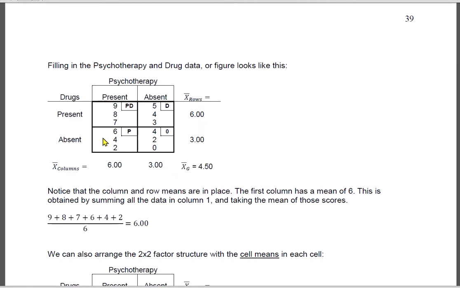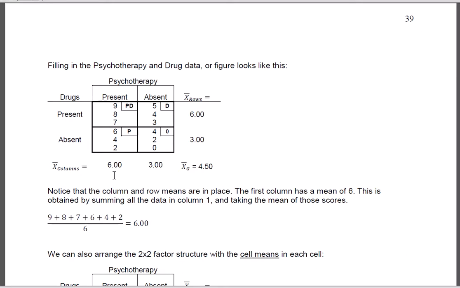This cell only receives psychotherapy. How do we know? We can tell that by the letters up here in the upper right hand corner of each cell. This cell only receives drugs. Psychotherapy is absent. And this cell only receives, well, they don't receive anything. That's the control group. And then I also have the margin means down here.